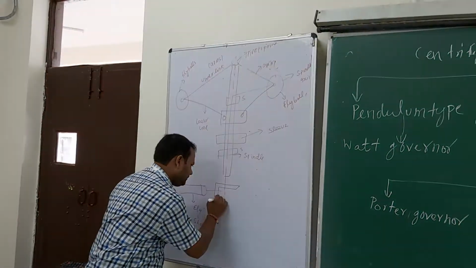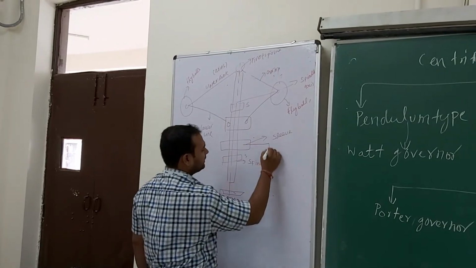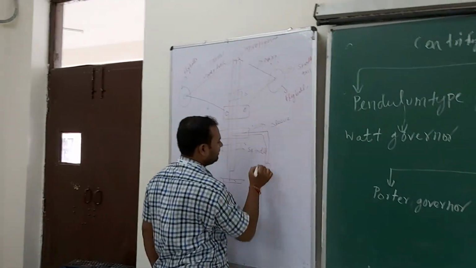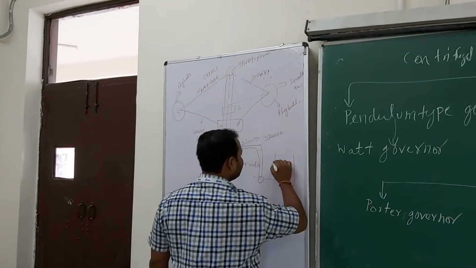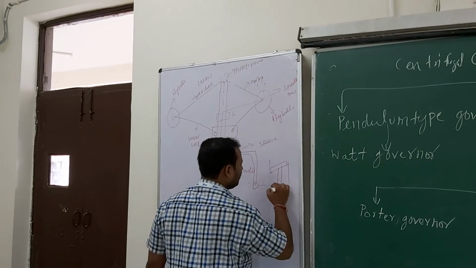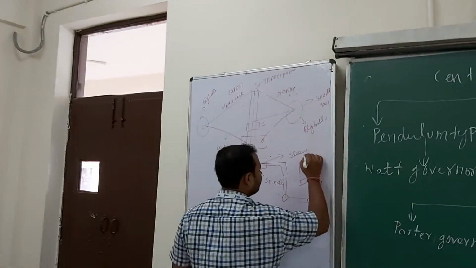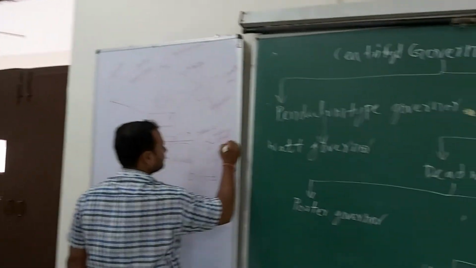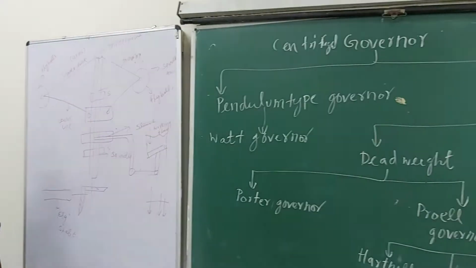Then this sleeve is connected by the bell crank lever. And this bell crank lever is connected to the throttle valve. And this one is the working fluid supply.